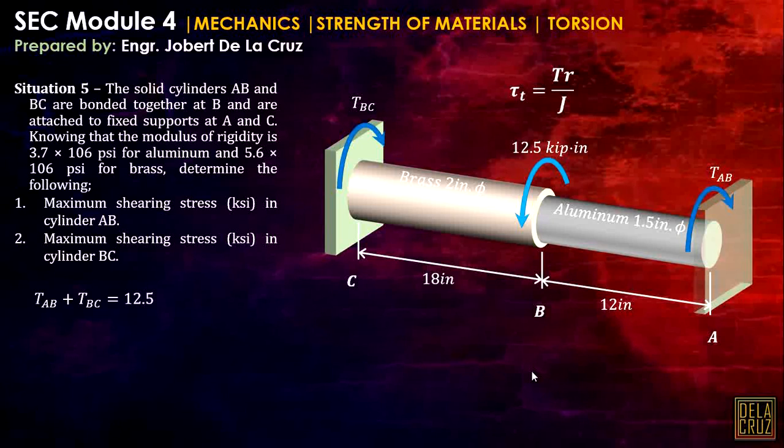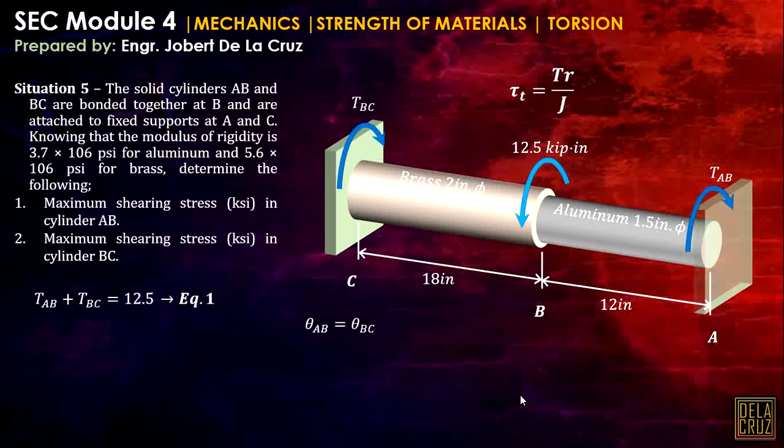For another equation, what will we do? Take note that the rotation of member AB should be equal to the rotation of member BC. Since both are fixed, their rotations cannot be different. You got that? So we can equate the angle of rotation, theta AB equals theta BC.